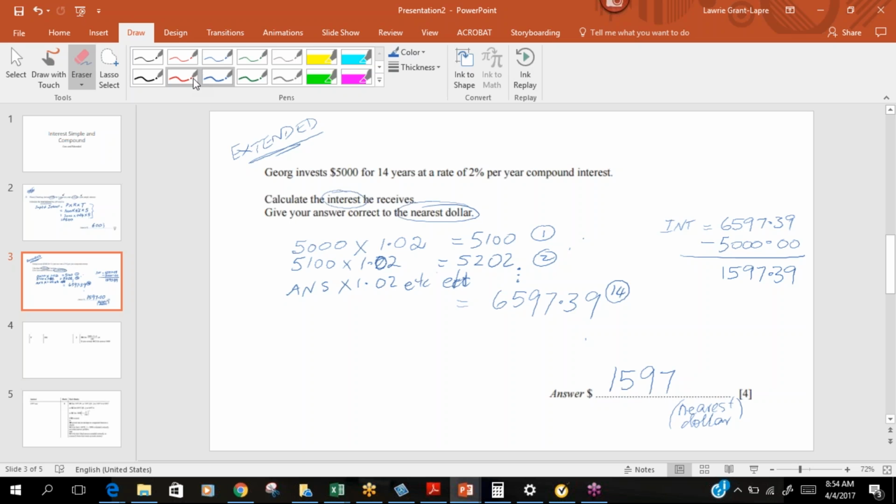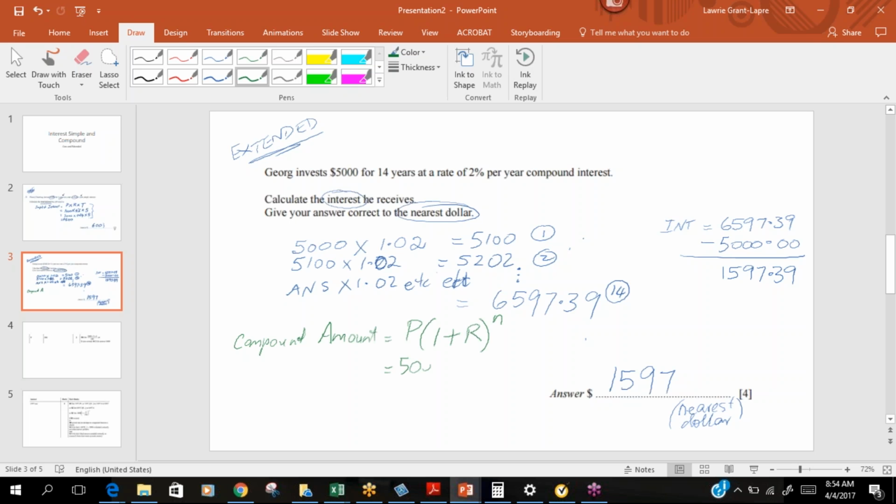Now I mentioned there was a formula, and you don't need to know this formula, but some already have used it. The compound interest amount, not interest, will equal principal times 1 plus r to the power of n.